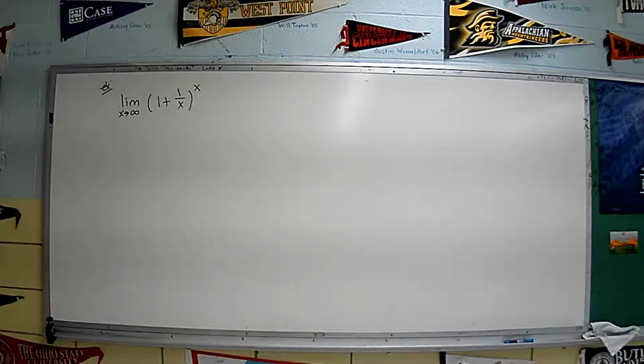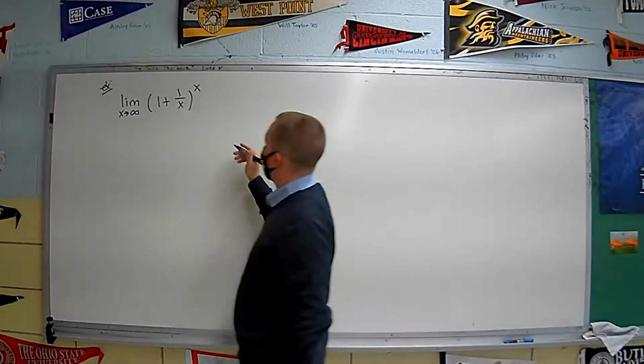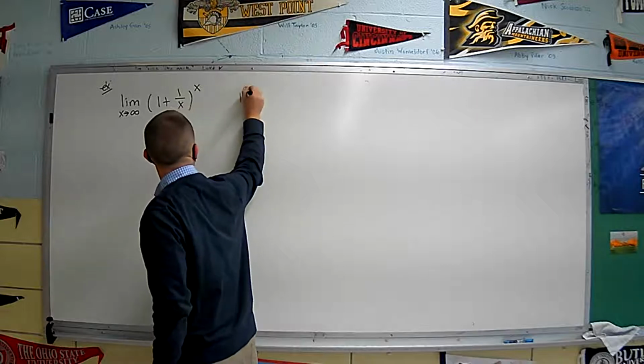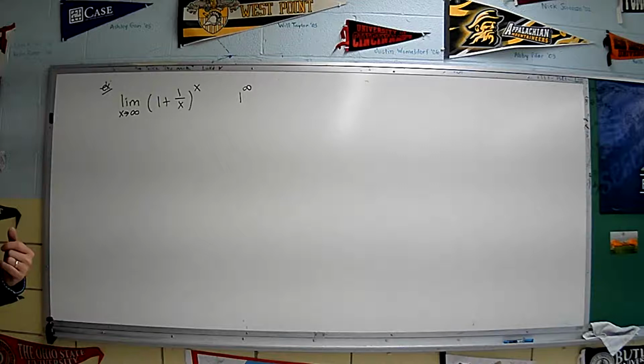We talked about it in class yesterday, but it's e. So somehow, in some way, this function, 1 plus 1 over x to the x power, as x gets huge, is approaching the number e. Okay? So just to make sure everybody's clear, that's taking on the form 1 to the infinity. Okay? Does that make sense? We see how that came from?